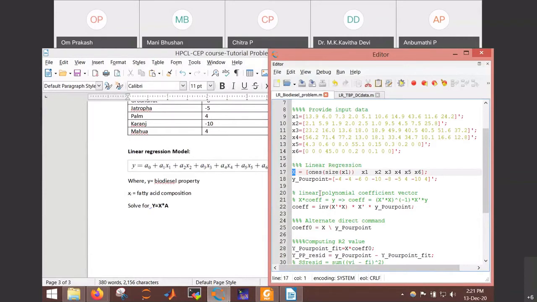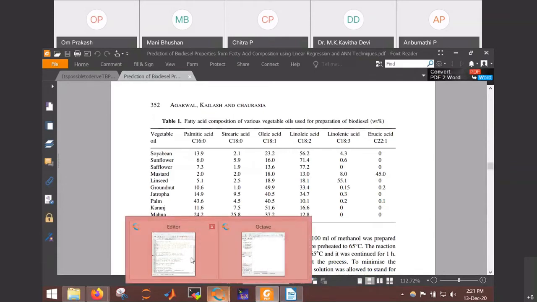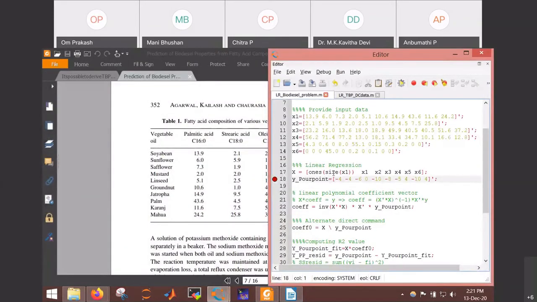So we can check what is the size of x. The size of x will be 10 cross 6, and since I have added a column of 1, it will become 10 cross 7.